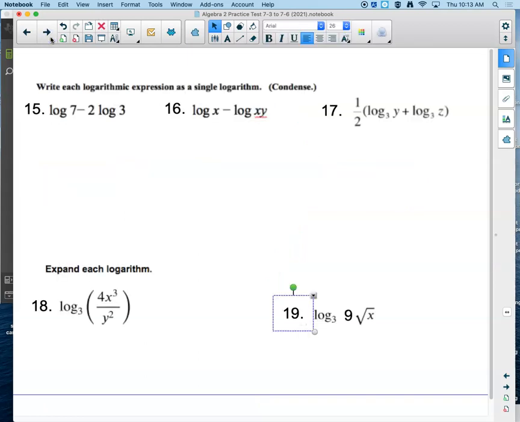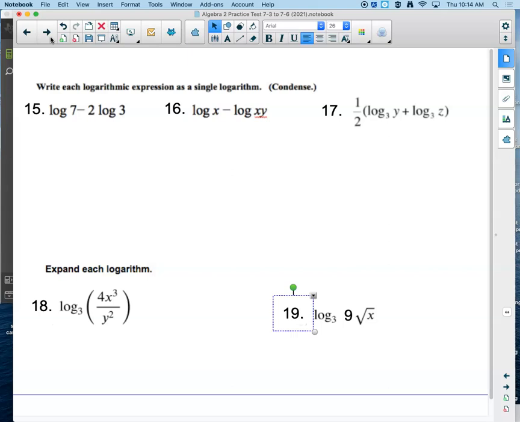Now, these are the ones I was talking about where you probably can't check these with the graphing calculator, but you could go back and check and see that it matches. Here's a test-taking strategy. I want everybody to look at 15, 16, and 17, and then look on the next page, 18 and 19.